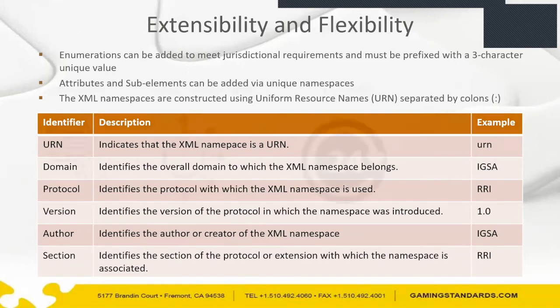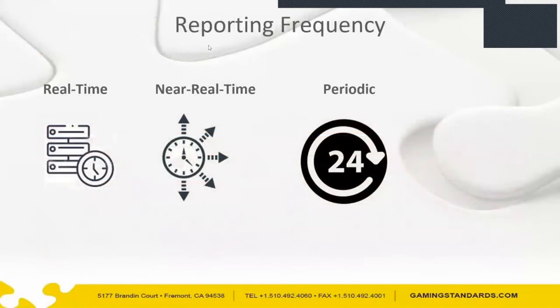The other thing that we did was we made sure that we supported three different reporting frequencies: real time, near real time, and periodic. Real time reporting really is intended to be used with a very limited number of transactions.